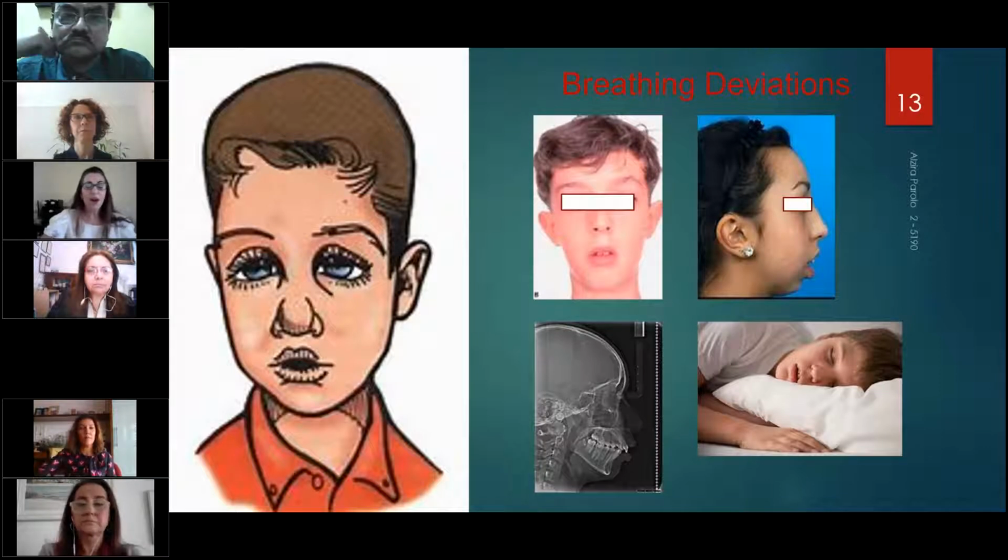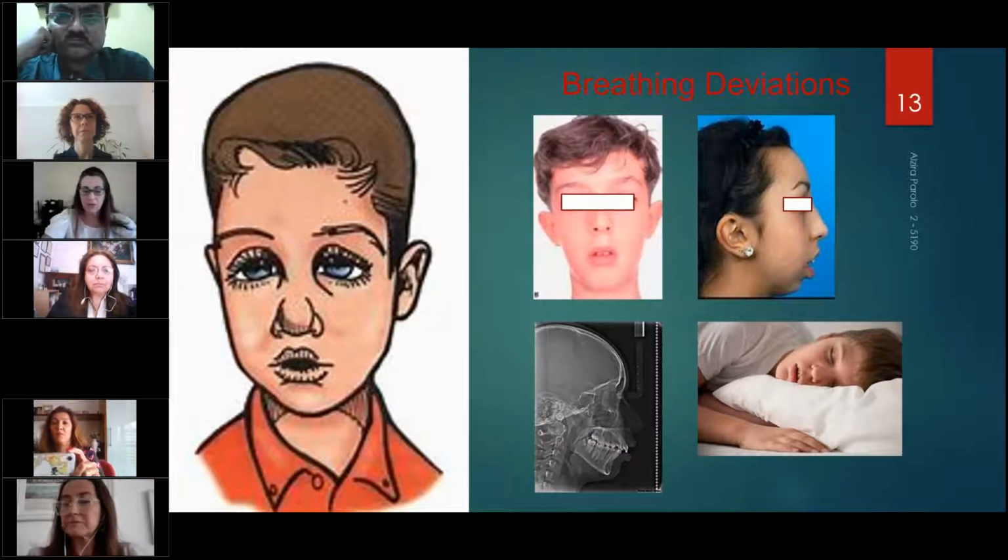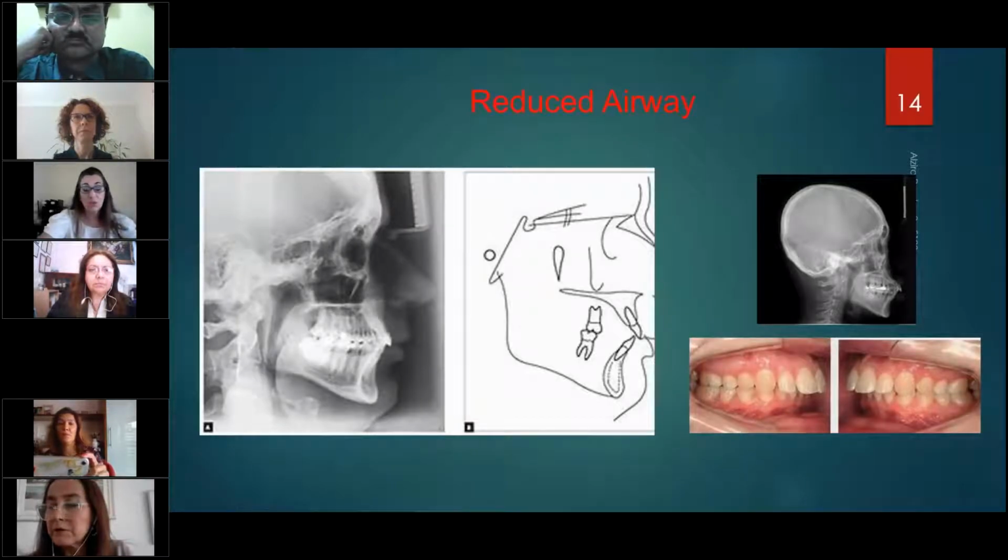With the hard tissue adaptations, adaptation of soft tissues occurs, and therefore in the stomatognathic system and muscle function. It is possible to observe narrow pharynx and as a consequence, smaller airway, as you see there.